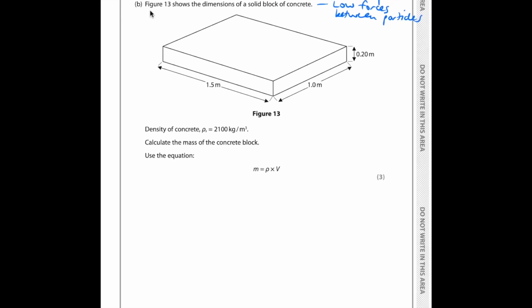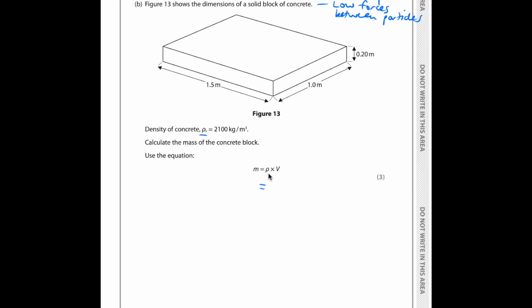Right, part B. Figure 13 shows the dimensions of a solid block of concrete. Density of concrete, that's the density symbol there, is 2,100 kilograms per metre cubed. Calculate the mass of the concrete block. Use the equation. Right, that's quite handy. They've even rearranged it for us, so we don't need to rearrange it.